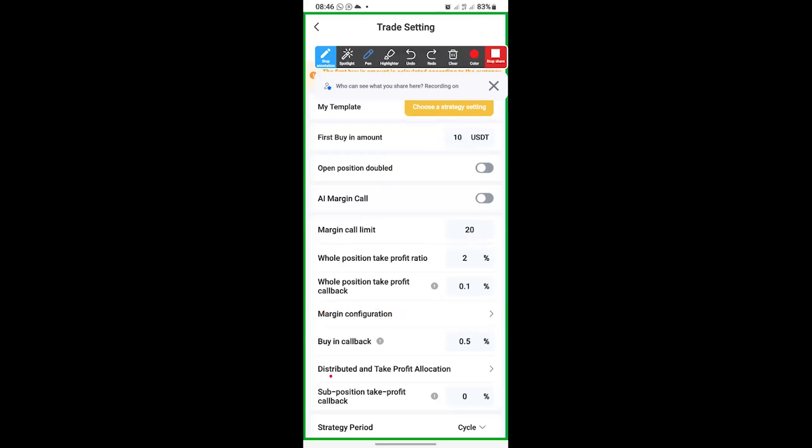Then we've got what we call the distributed and take profit allocation. Whenever we are setting like 20 calls, we've got what we call subpositions, and they are very important in the game of trading with margin calls. Okay, subpositions simply start from 5 up to the number of margin calls you've set.